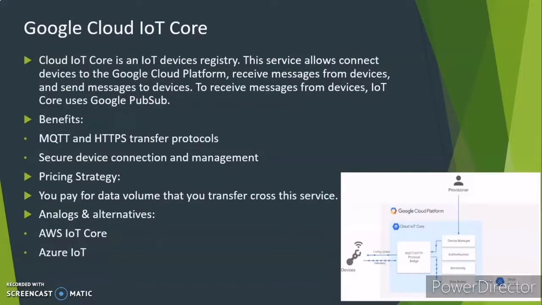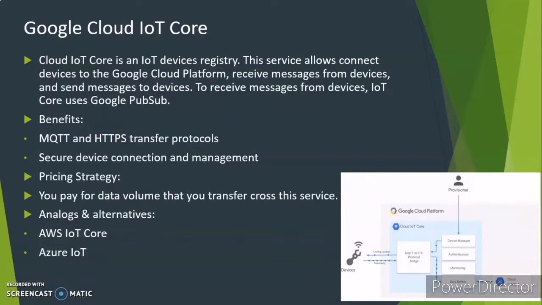Google Cloud IoT Core. Cloud IoT Core is an IoT devices registry. This service allows you to connect devices to the Google Cloud Platform, receive messages from devices, and send messages to devices. To receive messages from devices, IoT Core uses Google Pub/Sub.